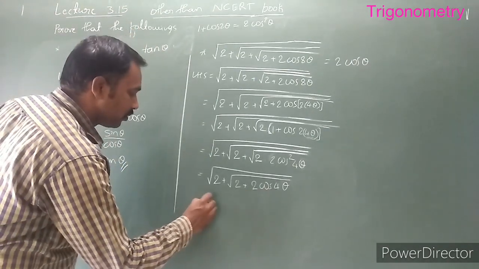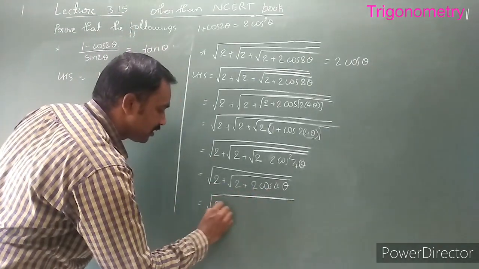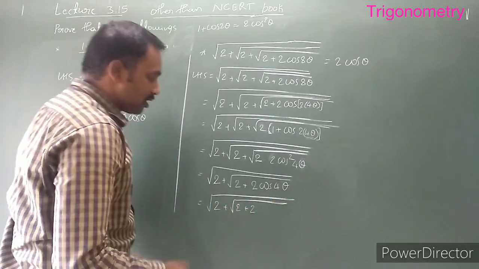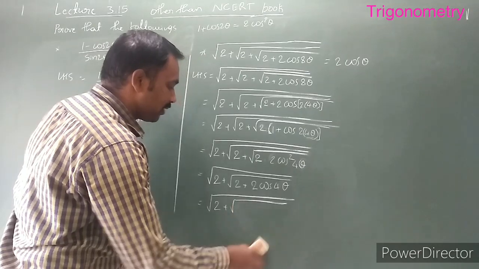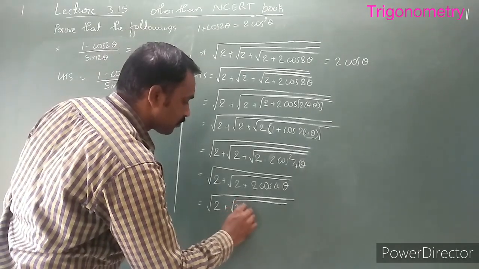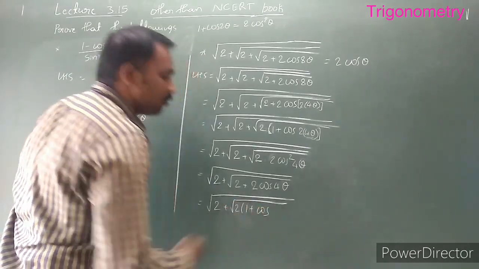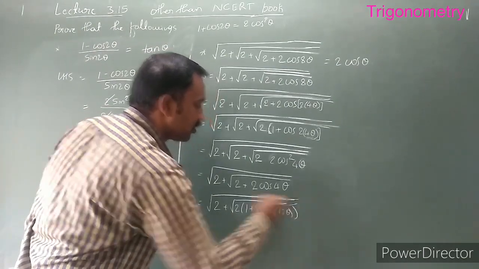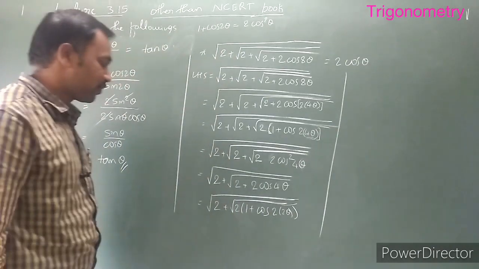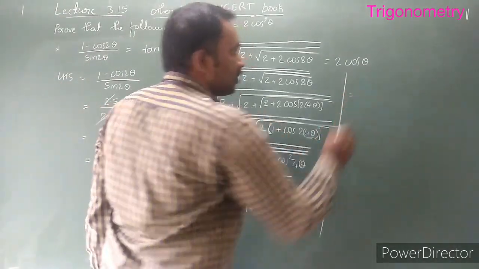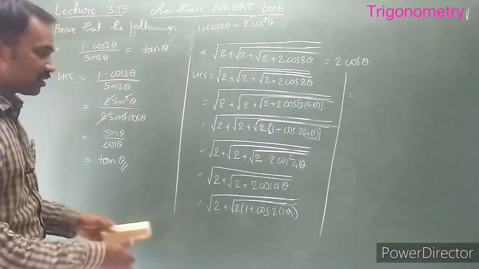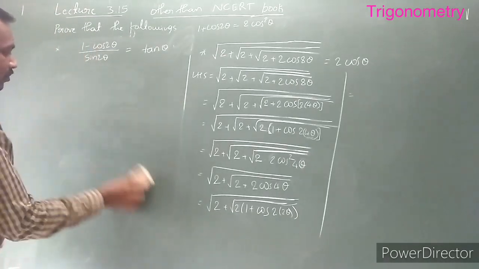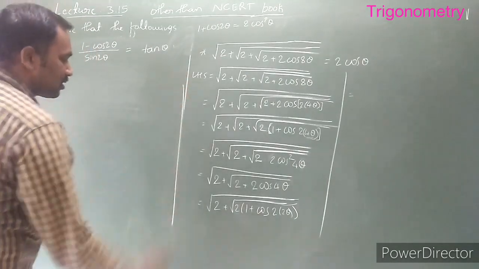Again, this 4 theta is split. How to split the 4 theta? Root of 2 plus 2 plus 2 into, or else take 2 common. If I take 2 common, what happens? 1 plus cos of 4 theta can be split as 2 into 2 theta. So I just continue here. What is the answer?